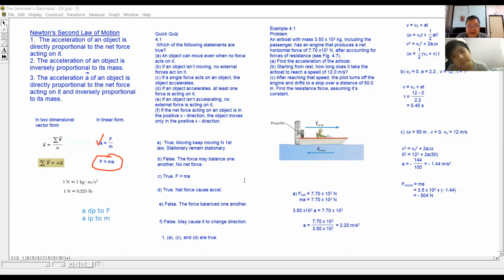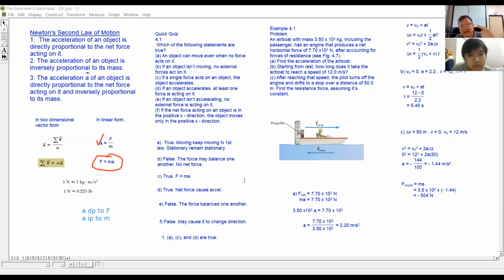Because there is an acceleration, we know that there is a net force acting on the object. How much is that net force related to the acceleration of the moving object? That net force that is pushing the object is proportional to the acceleration.